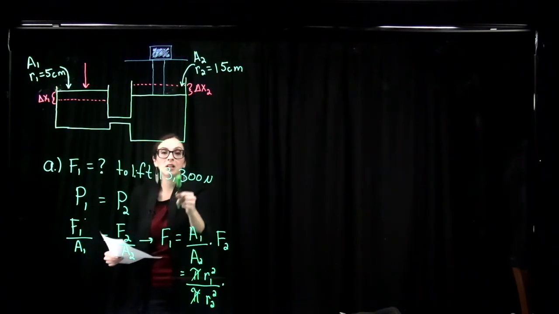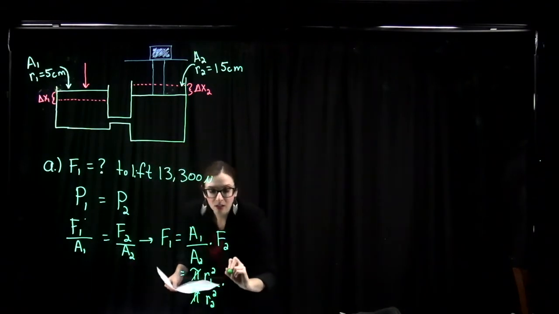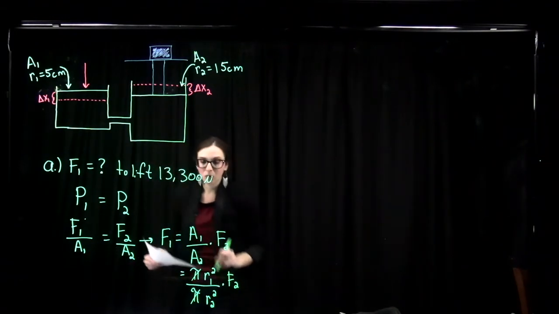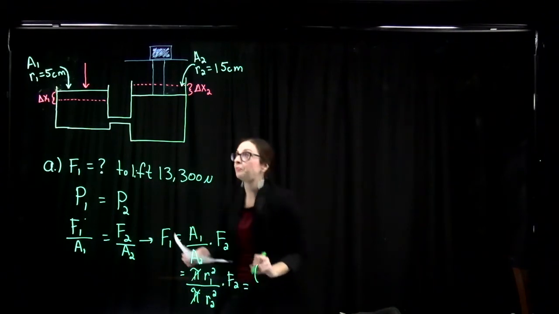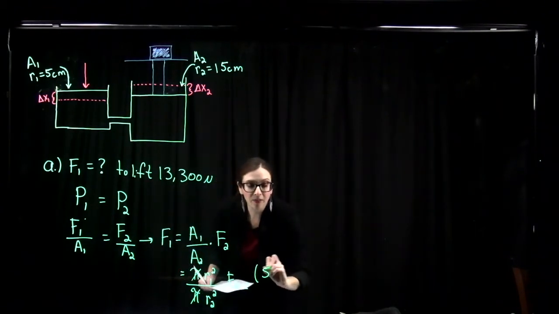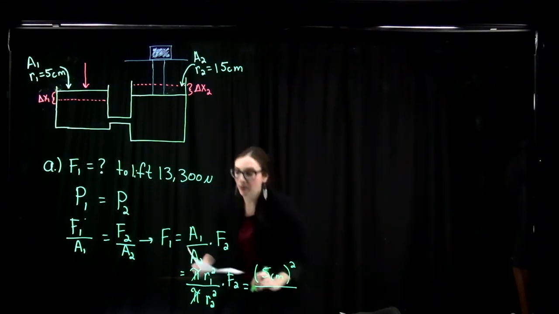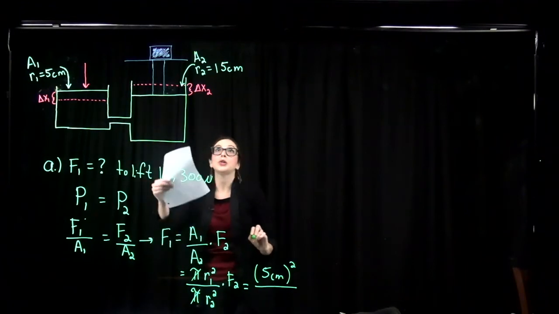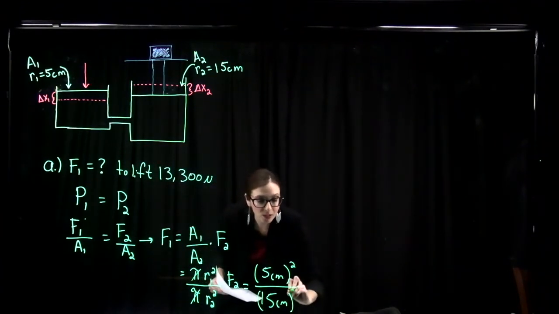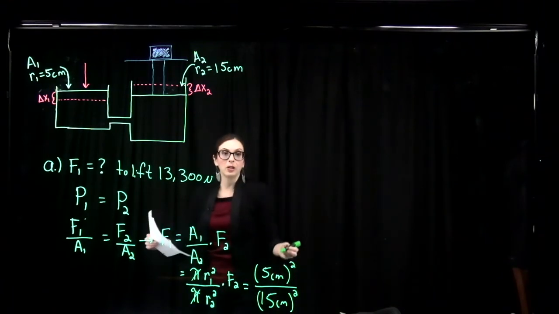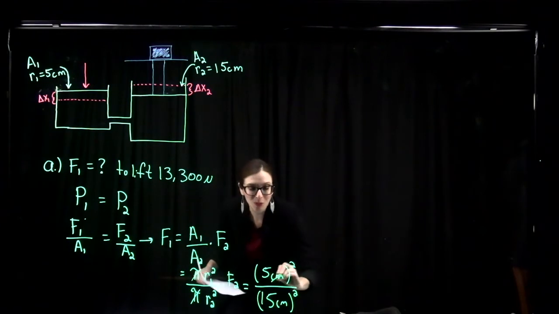We need to lift this car with a weight of 13,300 newtons, so that's F2 here. So we plug in these quantities. R1 is 5 centimeters, and we're squaring it, divided by R2, which is 15 centimeters, squaring it. It's okay that these are in centimeters because we've got centimeters squared on top and centimeters squared on the bottom, so those units will cancel.